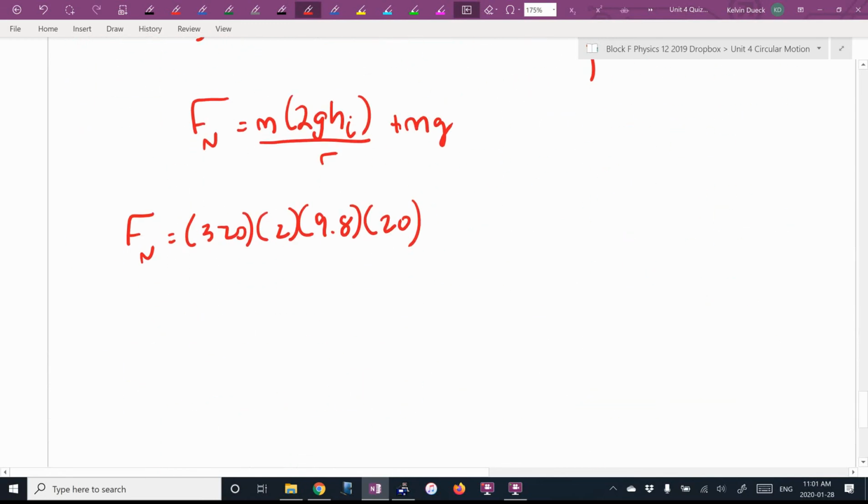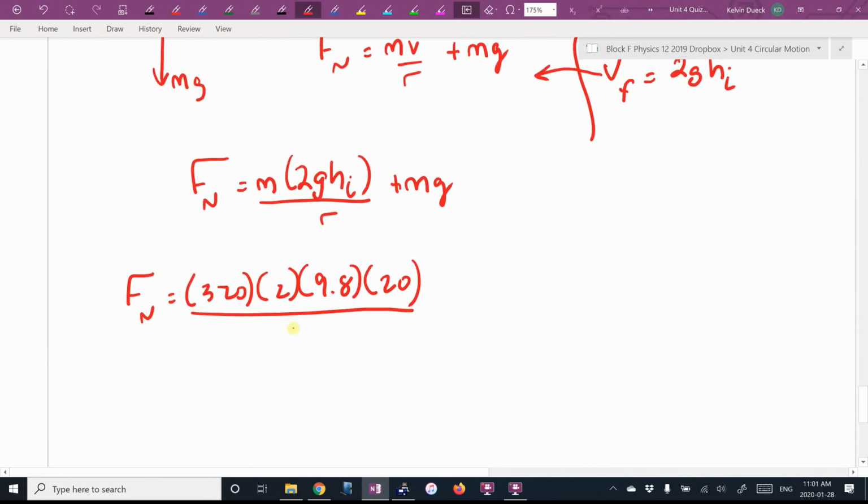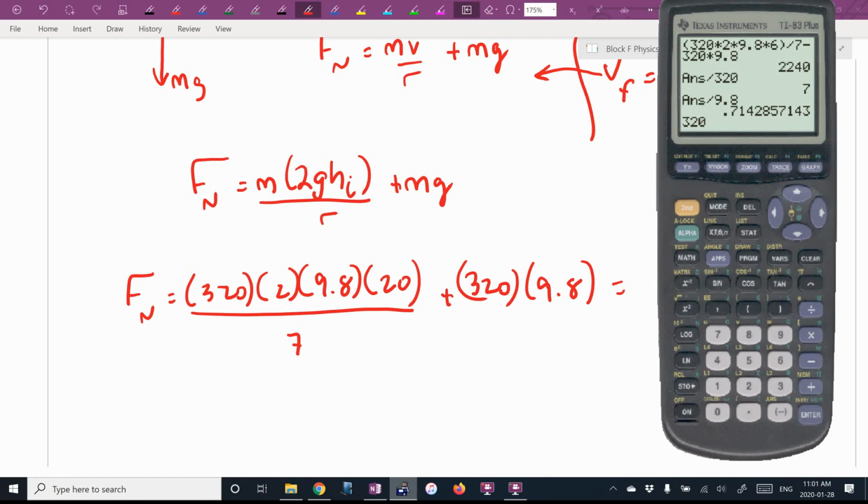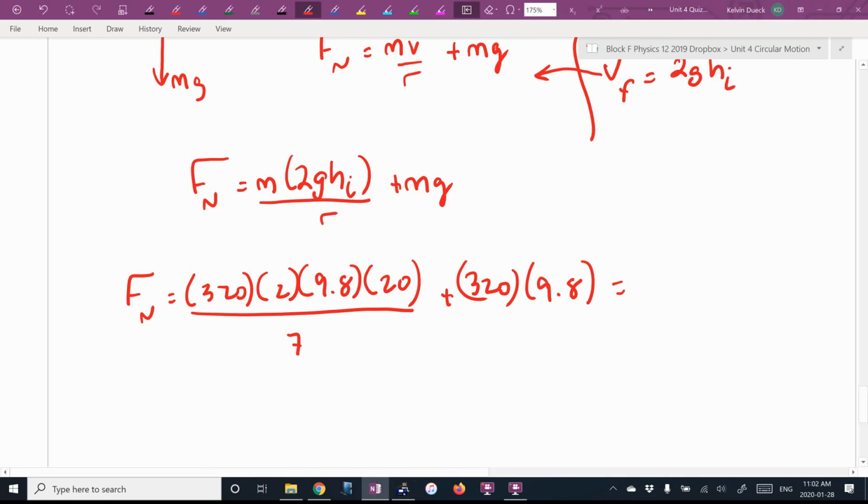Yep. R was 7, plus 320 times 9.8. So 320 times 2 times 9.8 times 20 divided by 7 plus 320 times 9.8. You get 21,056, or have I made a typo here? I'm good. Way bigger normal force at the bottom.